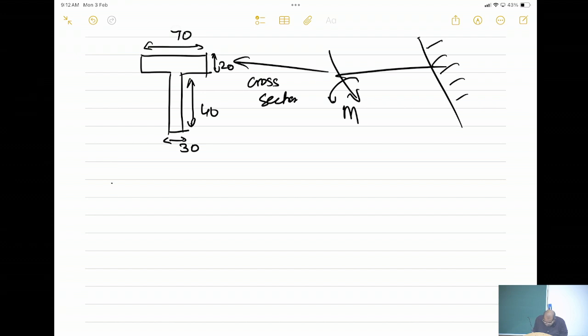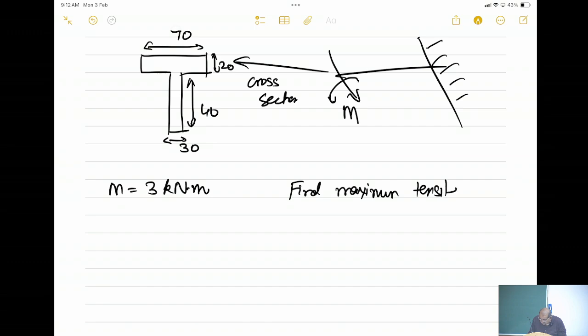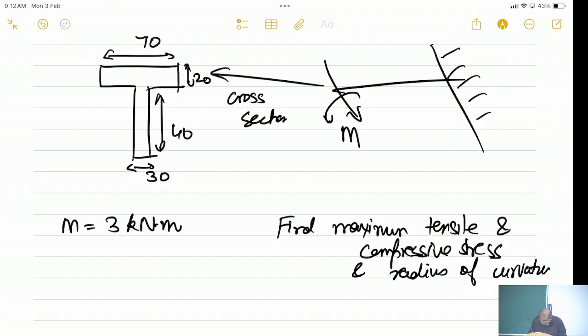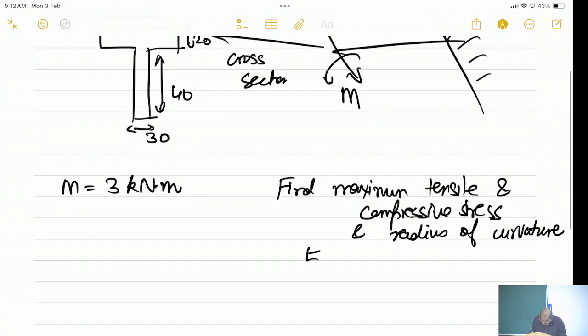M was given as 3 kilonewton meters, and we have to find the maximum tensile and compressive stress and radius of curvature. E of the material is given as 165 GPa.